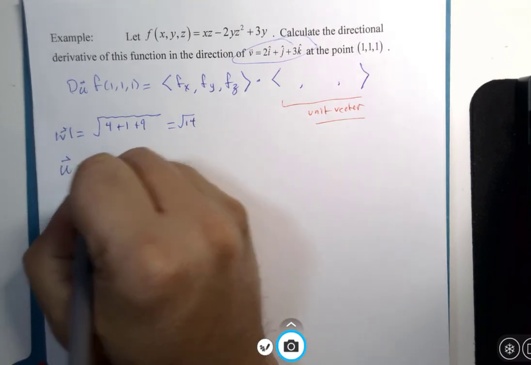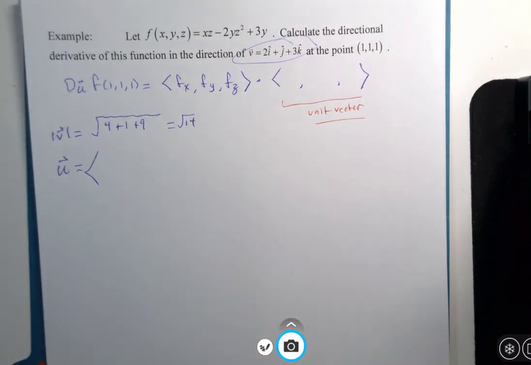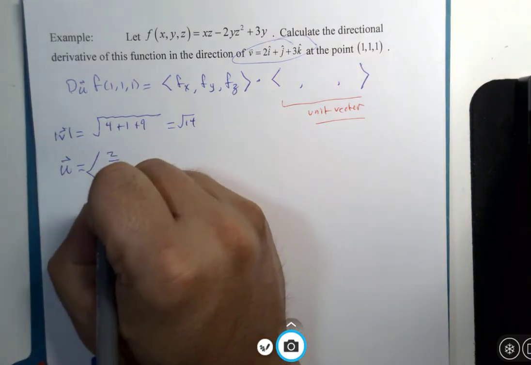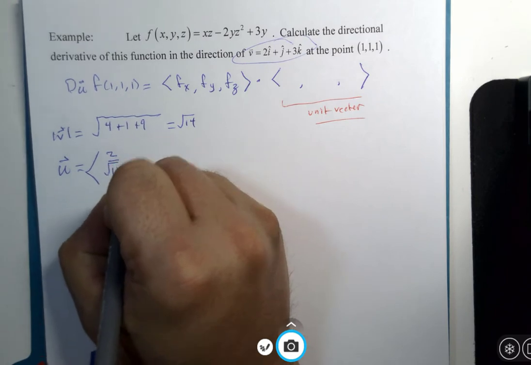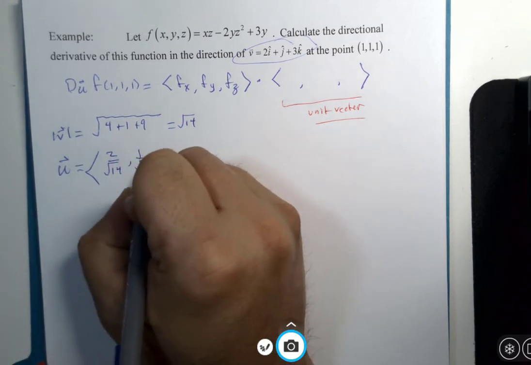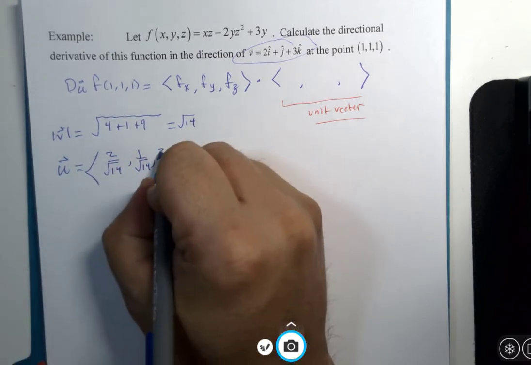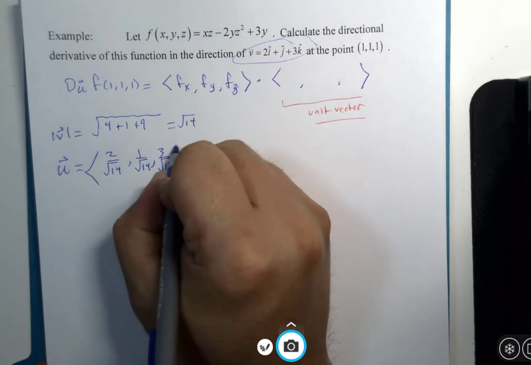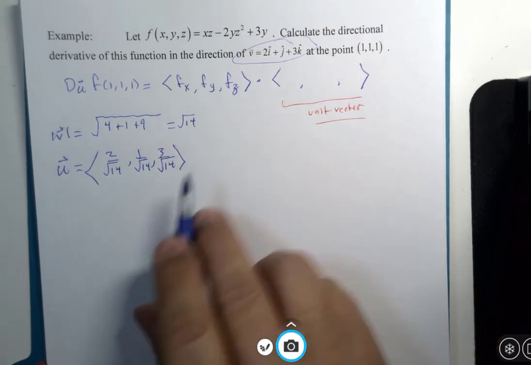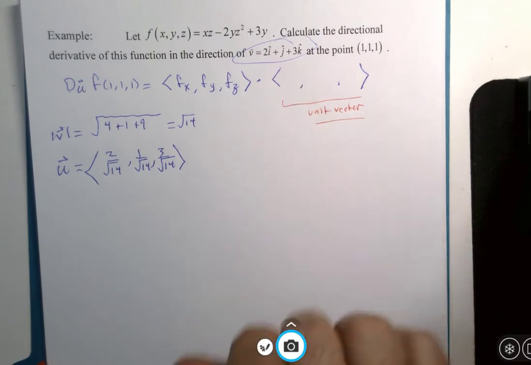So the unit vector, I'm switching back to my natural form of components, 2 over root 14, 1 over root 14, 3 over root 14. Magnitude is 1. That's what goes here.